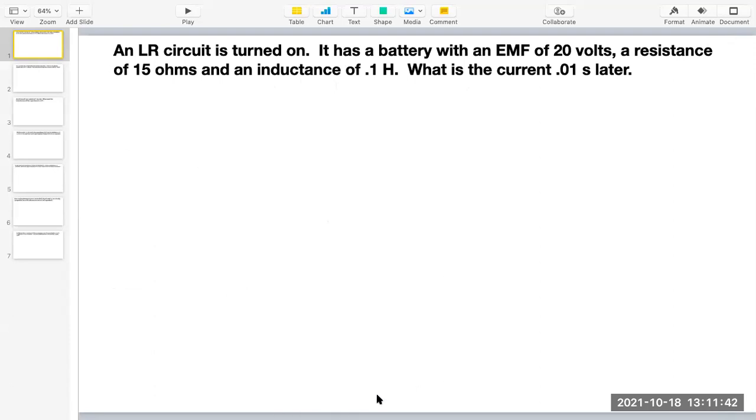So it's going to have its resistor and its inductor, and a battery, and a switch. So at t equals 0, close the switch. How much current are you going to get in 1/100th of a second? Work it out.